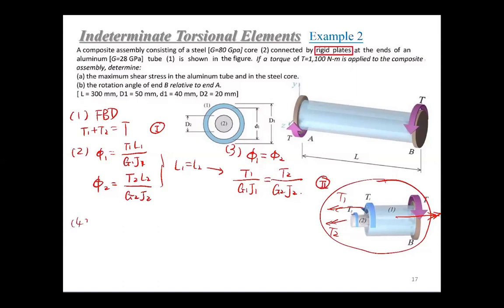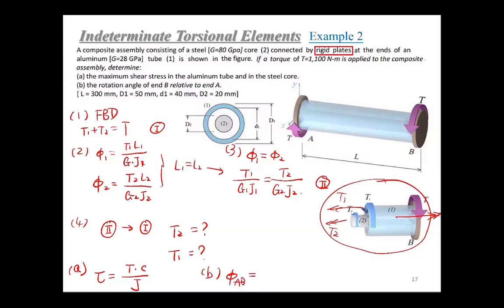Right? In the fourth step, you put equation 2 into equation 1. Then you can solve T2, then T1. Then use T1 and T2 to solve the internal torques and the shear stresses, tau equals TC over J. Then you're calculating phi AB, right?